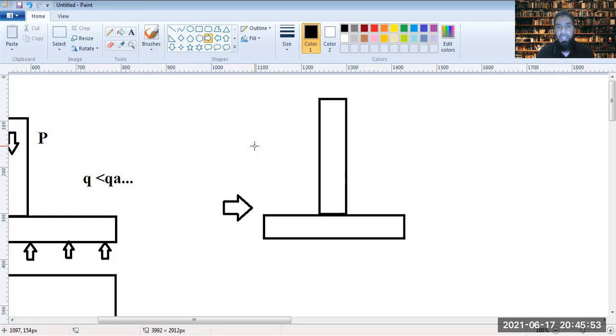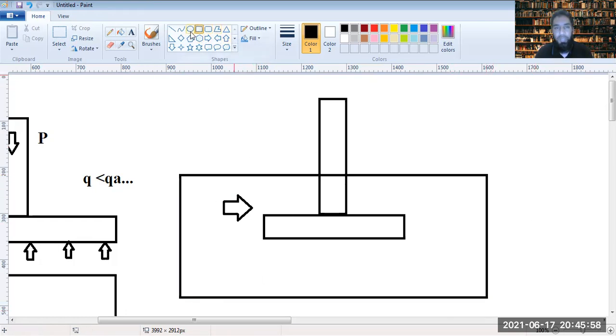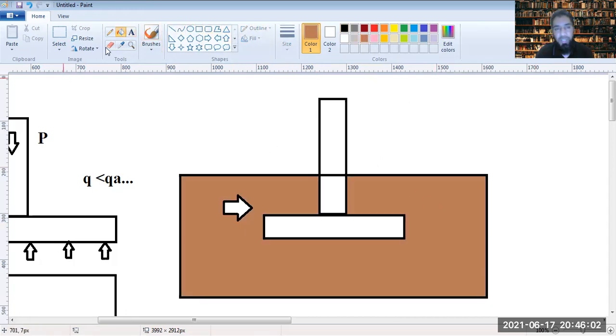If this is a soil medium, the natural tendency is that the footing could just slide through the soil, and we usually call that sliding. This could happen when you are not providing enough balancing action on the two sides of the column.